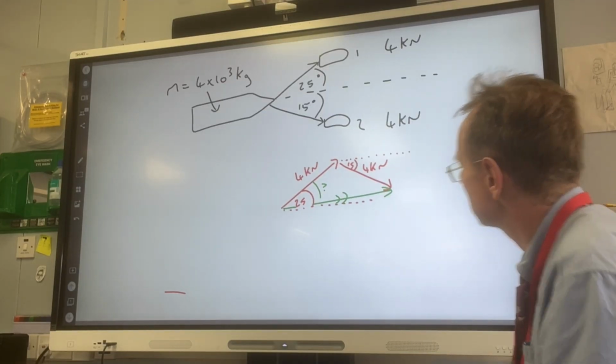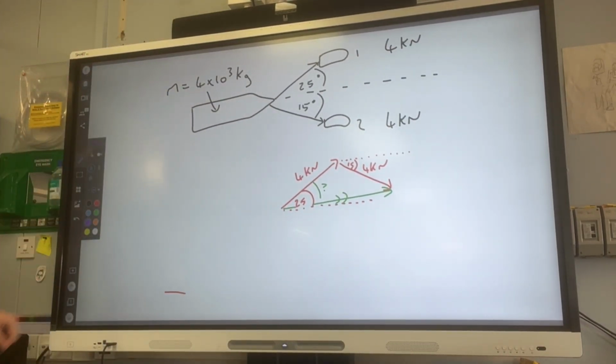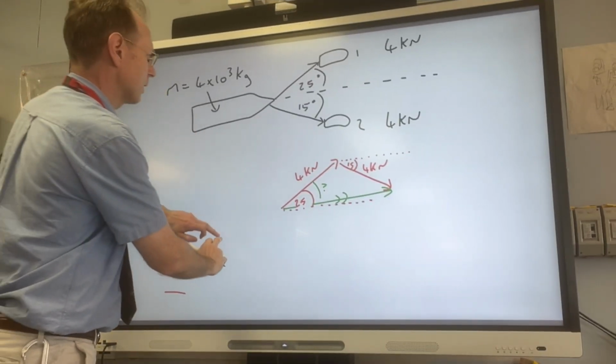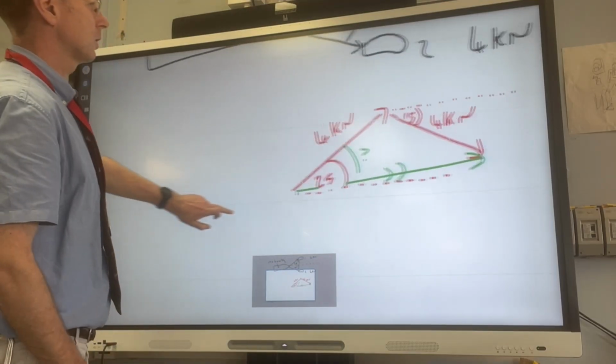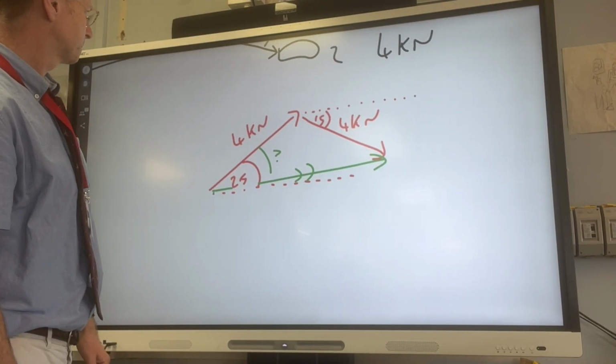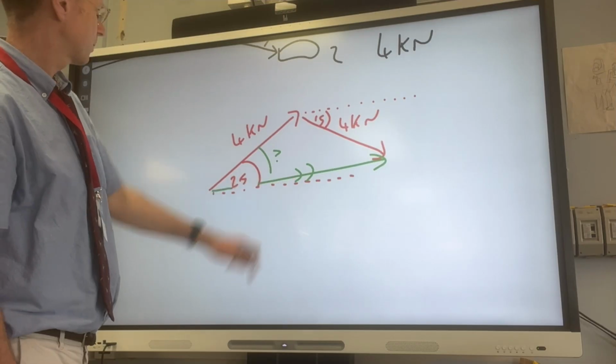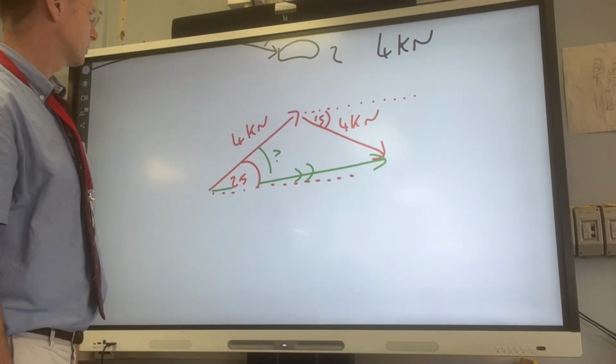What do we know? We want to know this. We want to know the angle.